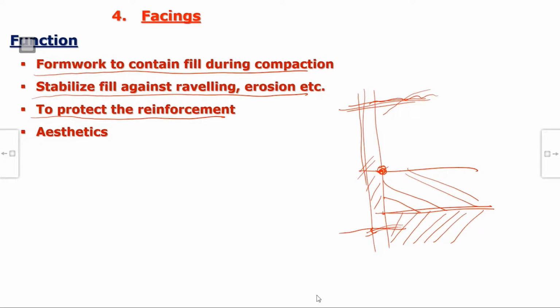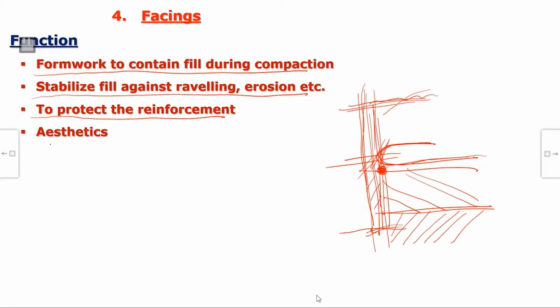All geosynthetic materials, their degradation is mainly by ultraviolet rays, and the biggest source of ultraviolet rays is sunlight. So if you don't protect them from sunlight, they also will start decaying at the end. Sometimes we provide reinforcement like this also, what is known as geo-wrap. This reinforcement gets decayed here, and after some time this material will fall. So this acts as a protective cover for the reinforcement.